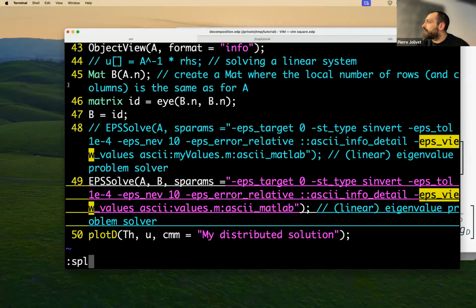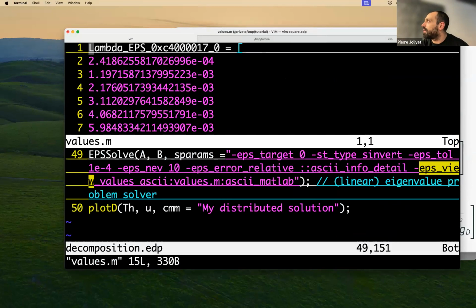Now if I look at values, you have this in a file, but of course you may be interested in having this directly in the script to do some computation in the script directly, depending on the values that you get.